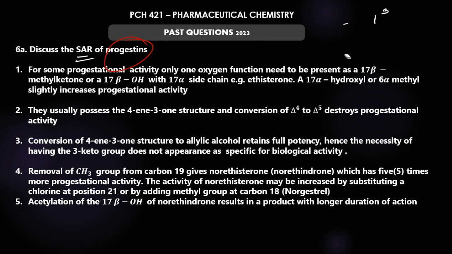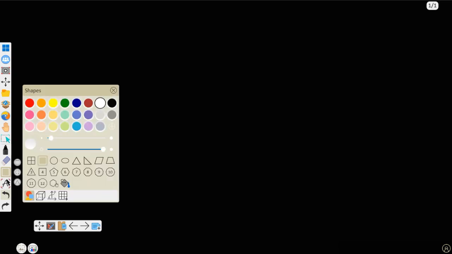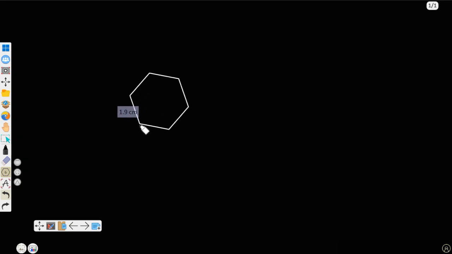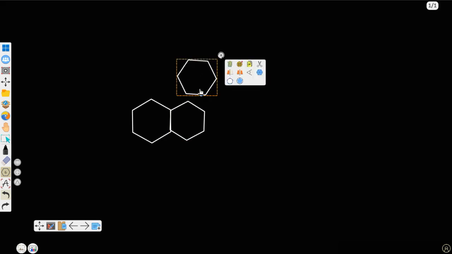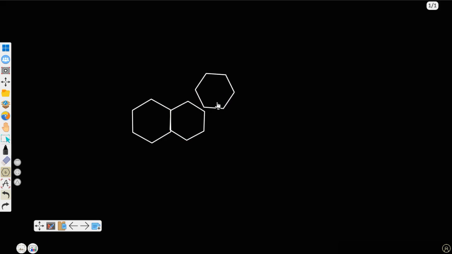This structure is not big enough. I need a very big structure. So let's draw the structure. I needed something that was at least a little bit bigger. So we have something like this. We'll have another benzene ring. Then you have another benzene ring at this position. We will have to turn this one.